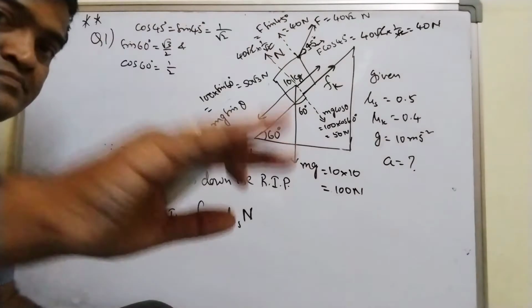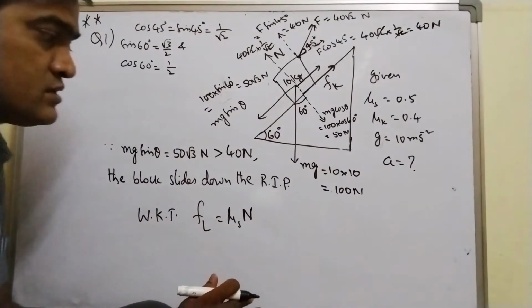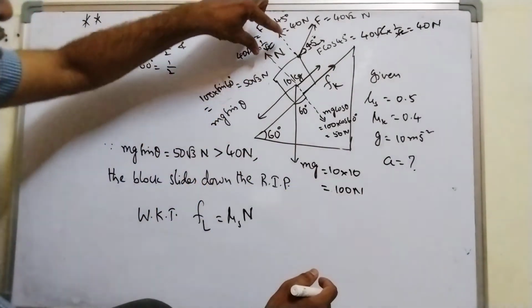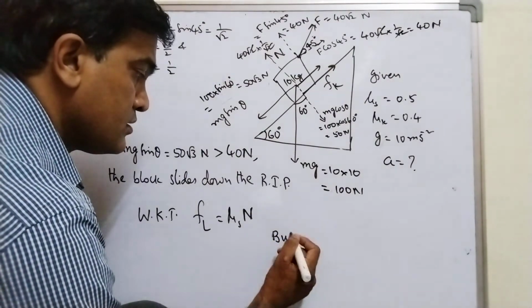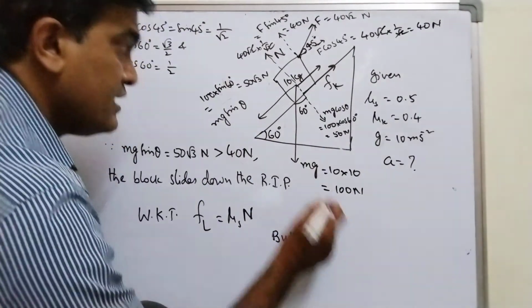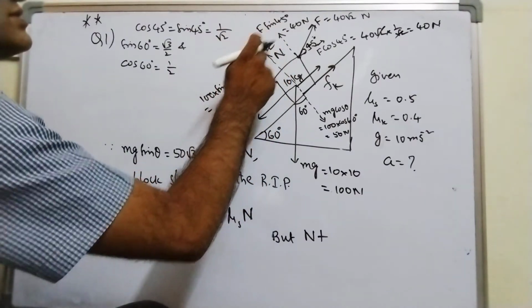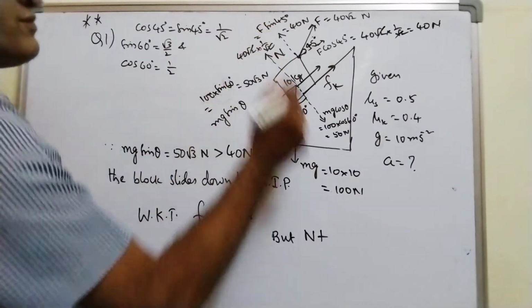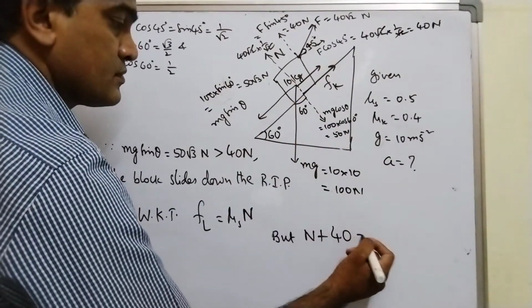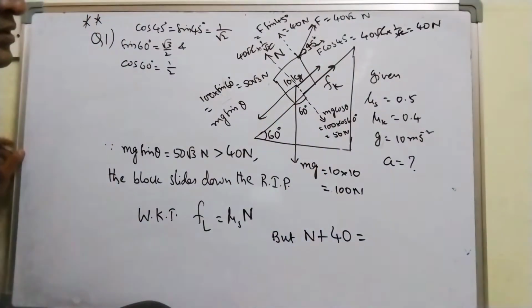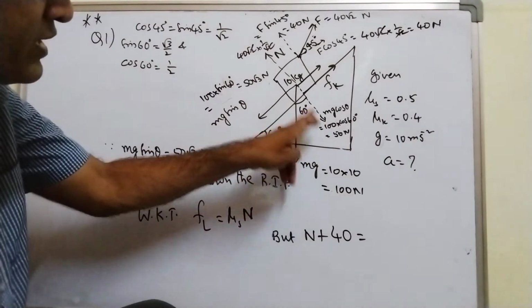Now N plus F sin 45, which is 40, must be equal to mg cos theta.